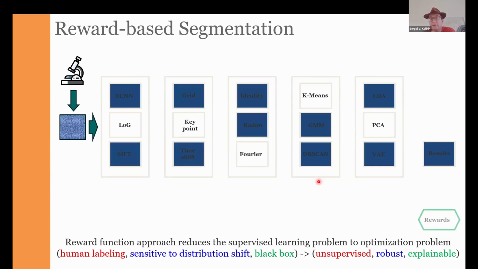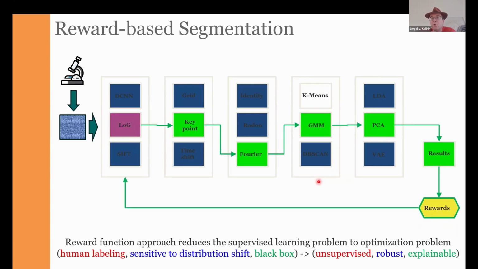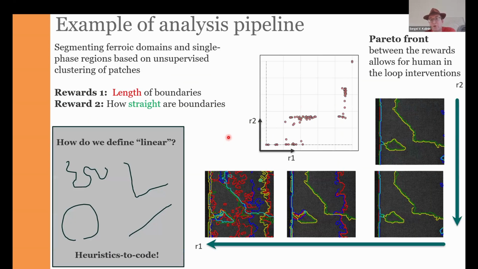And it turns out that reward functions also allow us to solve this type of problem. In other words, the analysis workflow for images, which can comprise multiple steps, can be represented as an optimization problem in the joint parameter space of each operation, or in the combinatorial space of possible operations. Interestingly, it works.